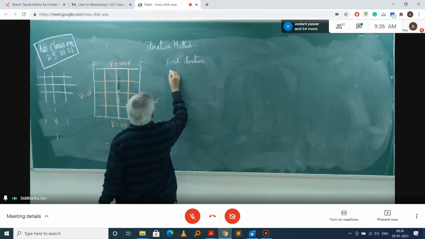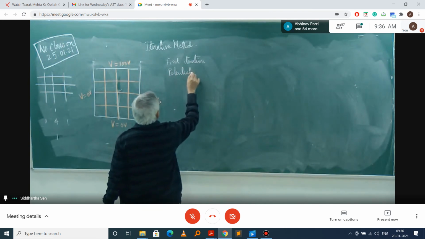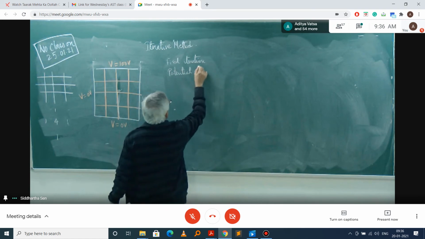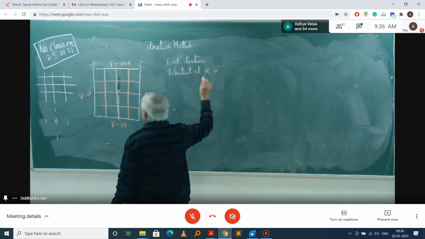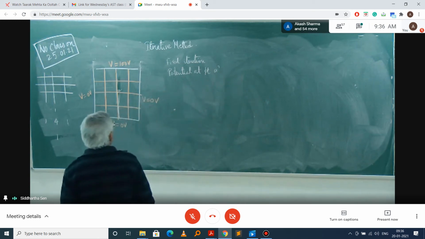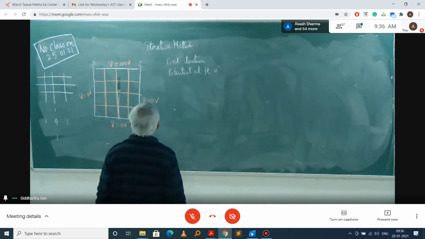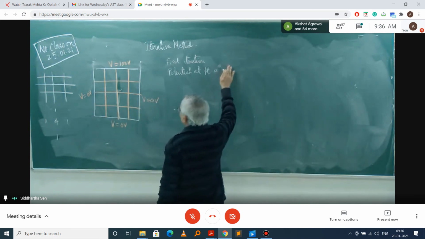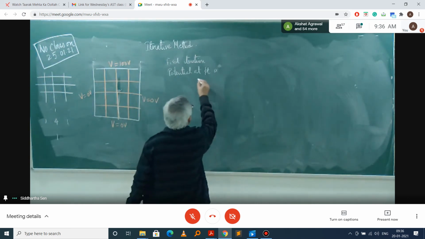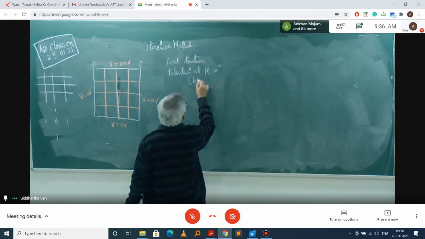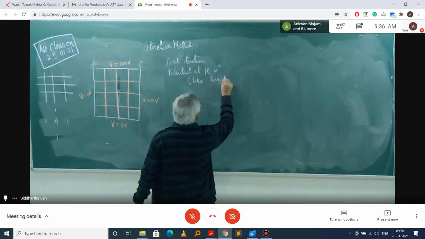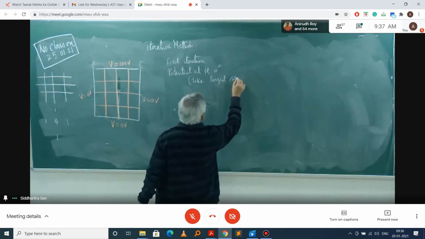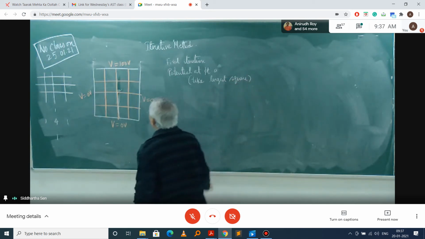So potential at point A, what is the potential at point A? What we will say? I just can consider the largest, take that largest square. What are the values here?